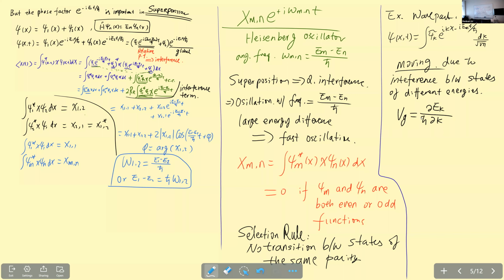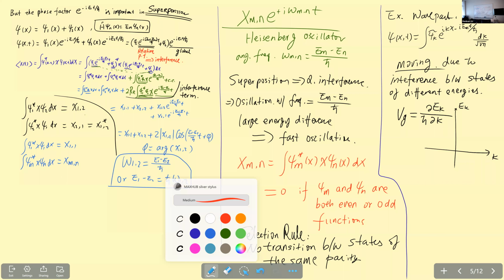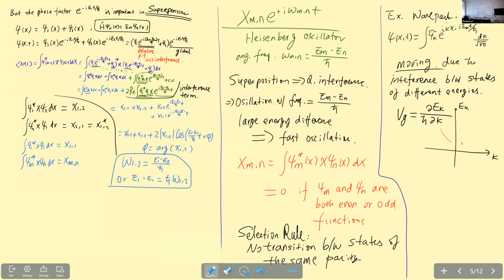So what does this mean? That means if you have, for example, this is k, this is E_k. If you have something like this one, or something like this one, this is case 1, this is case 2.